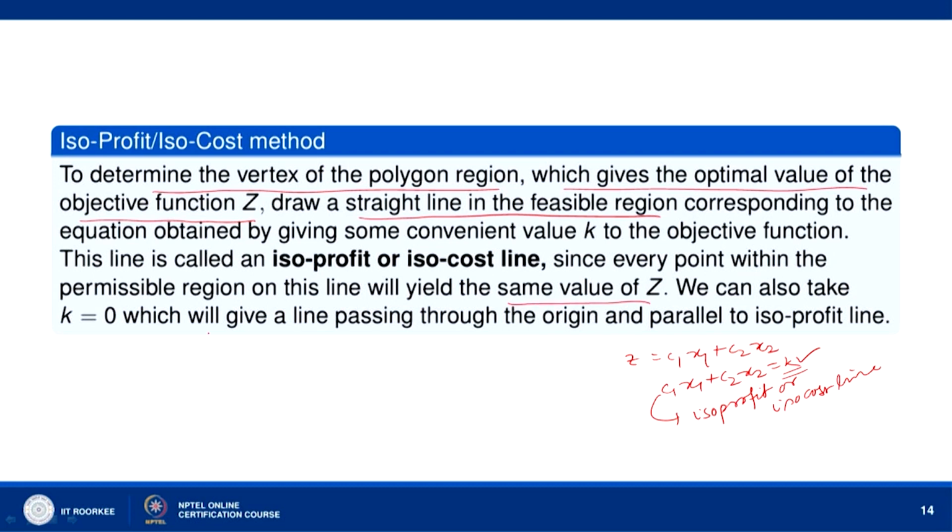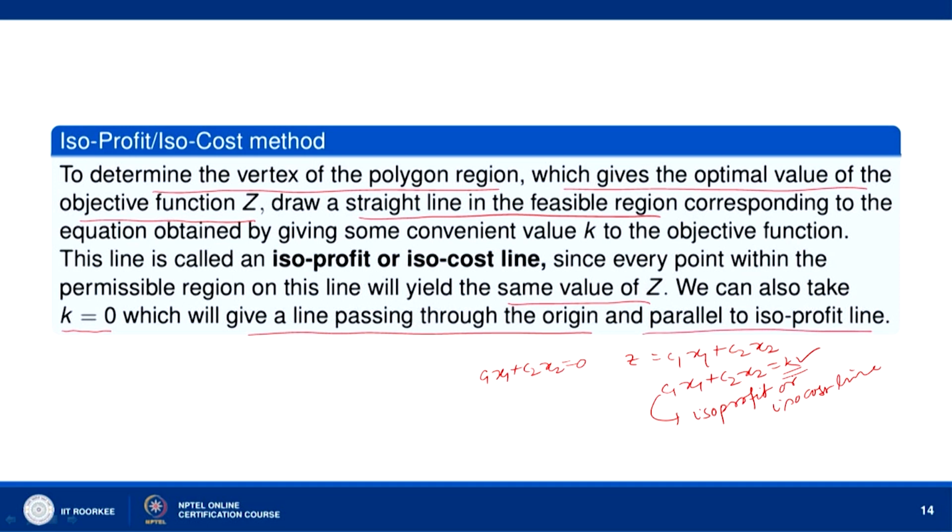Now, we can also take k equal to 0. It makes the determination of the optimum value of z easier if we choose k equal to 0. So, if we choose k equal to 0, then we will have c1x1 plus c2x2 equal to 0. That means it will give a line passing through the origin and parallel to the isoprofit line.